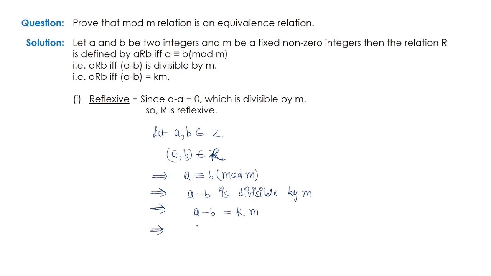So if A minus B is divisible by M, then minus of (A minus B) is also divisible by M.